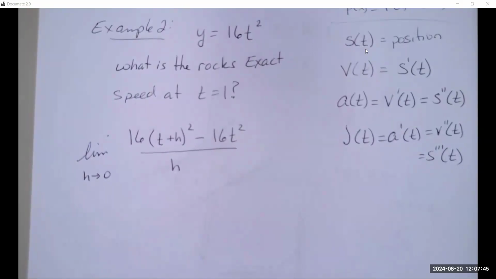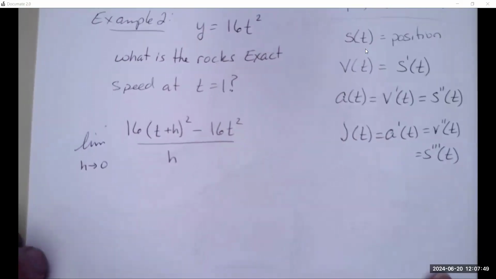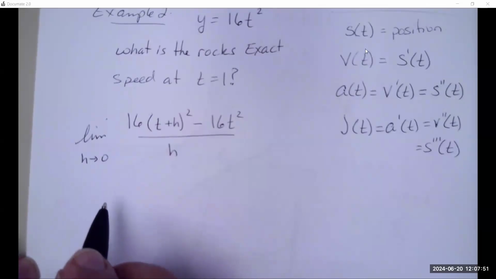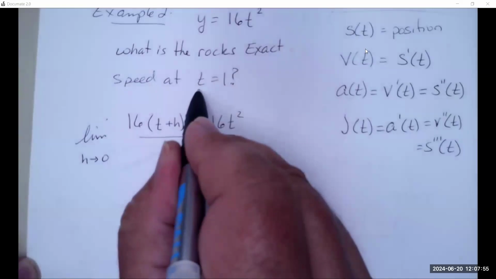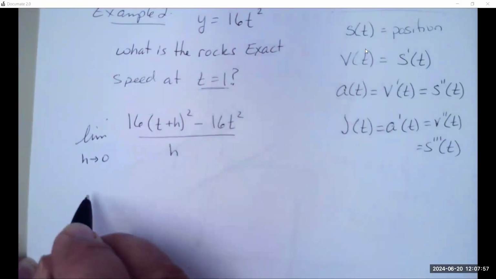So we're looking at the speed. We're looking at the change of position over time. So what is t? We're looking at t equals 1.